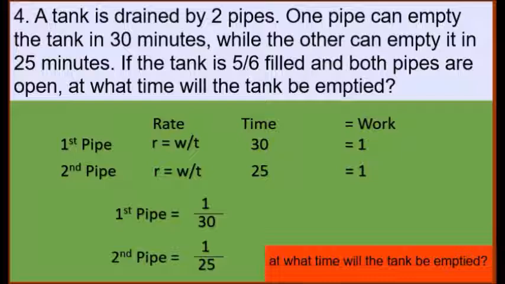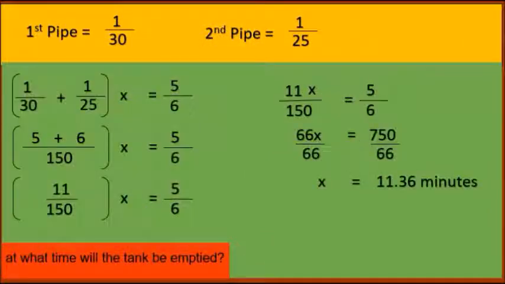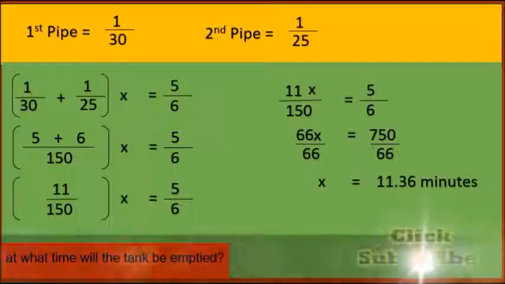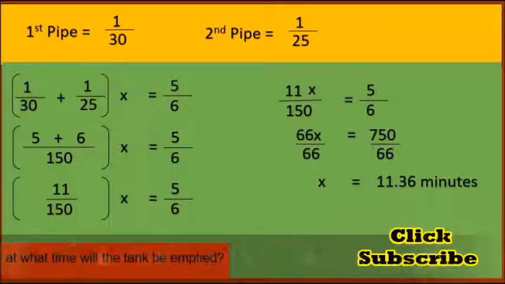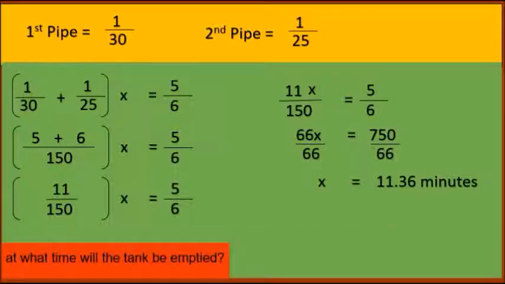Now, yung equation na mabubuo natin is 1/30 plus 1/25 kasi bukas silang dalawa, times x, number of hours na matatapos silang dalawa. Yung x is equal to 5/6, kasi hindi naman puno yung tangke, kundi 5/6.